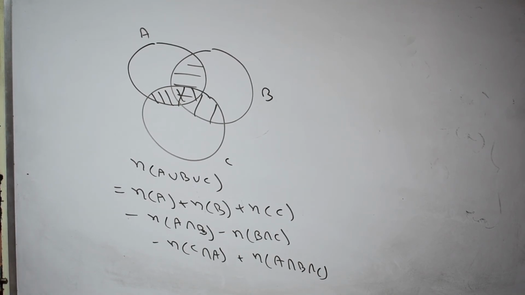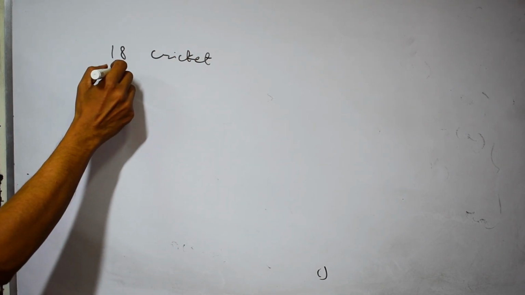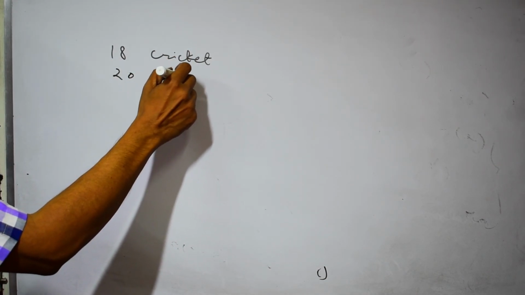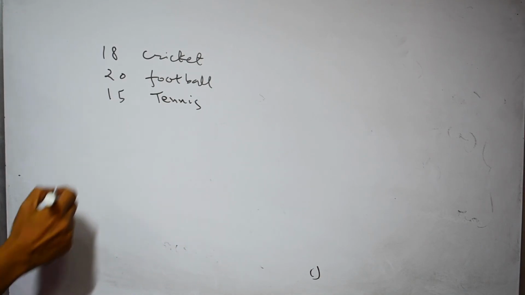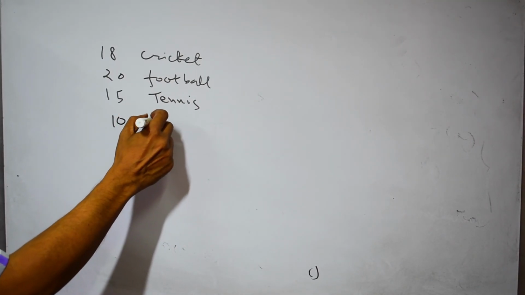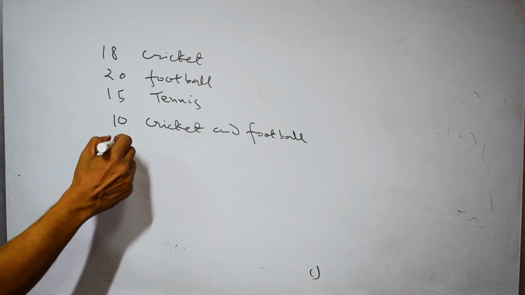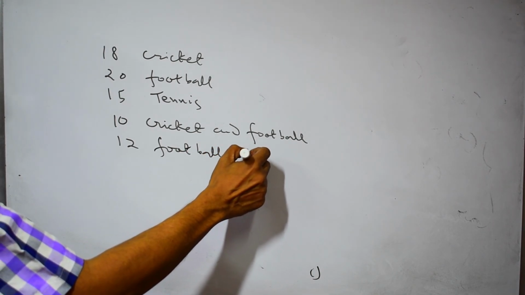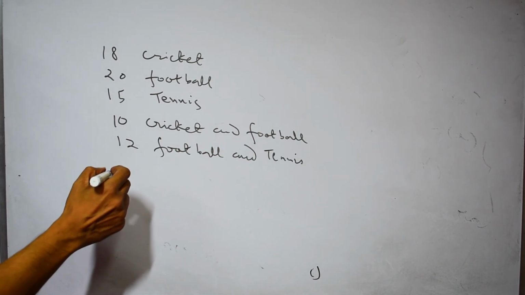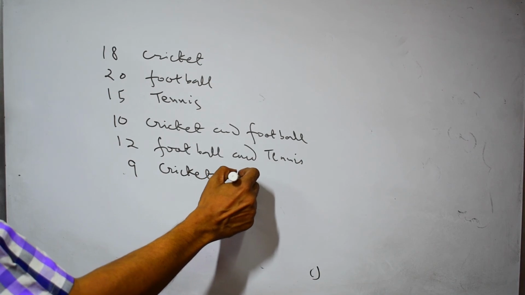I can take an example: 18 students are playing cricket, 20 are playing football, 15 are playing tennis, 10 are playing both cricket and football, 12 students are playing football and tennis, whereas 9 students are playing cricket as well as tennis.